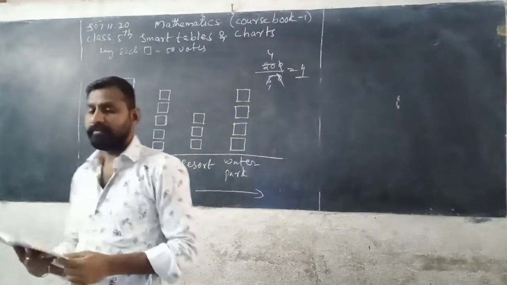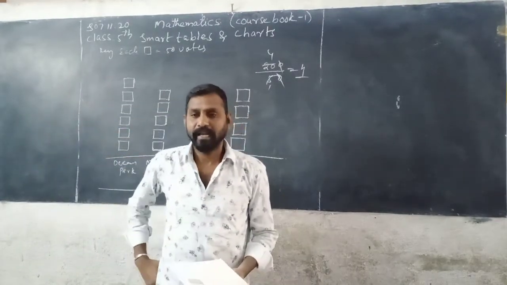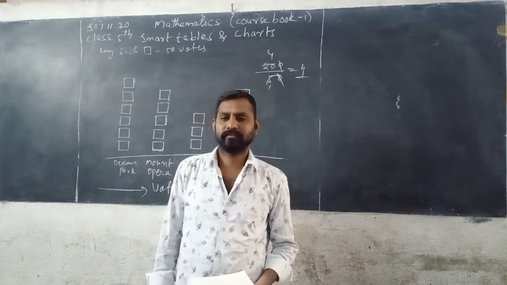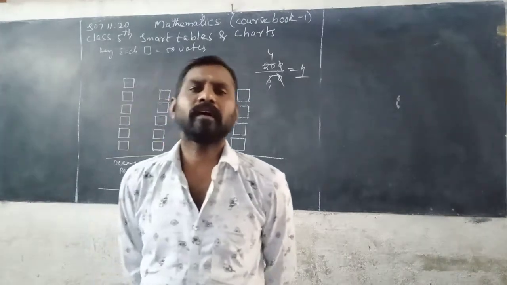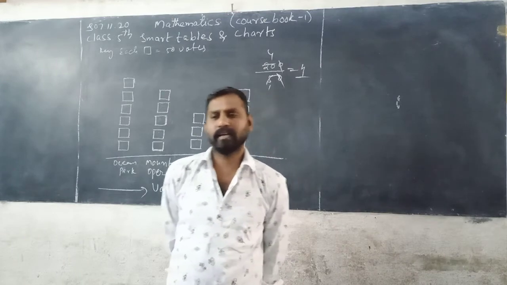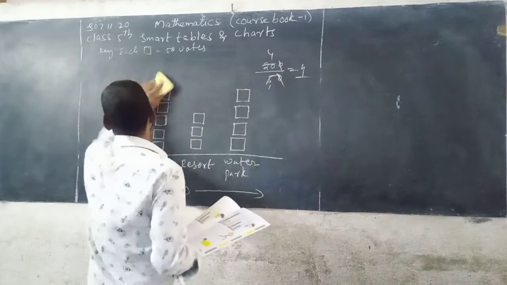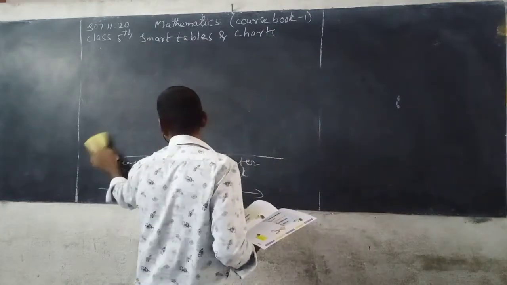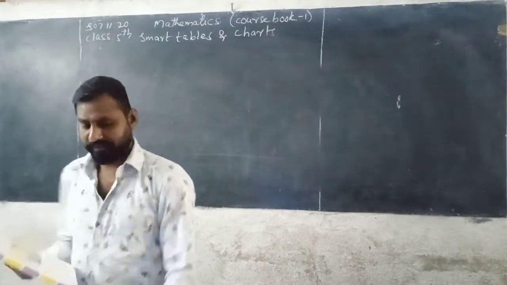Now next, this is very important: bar graph. Actually, what is meant by data? The collection of information in a raw form is called data. See here, bar graph. This is very important, everybody listen carefully.